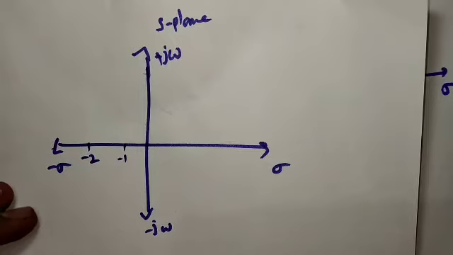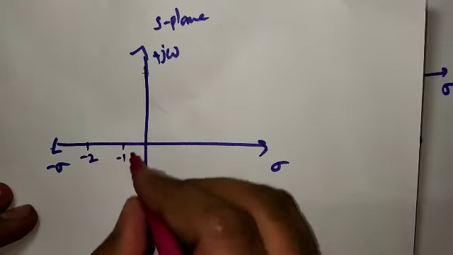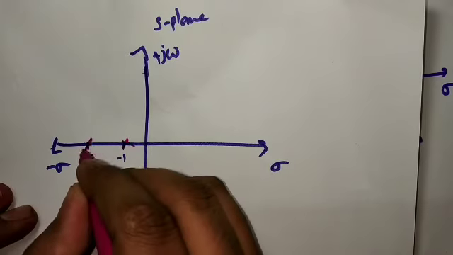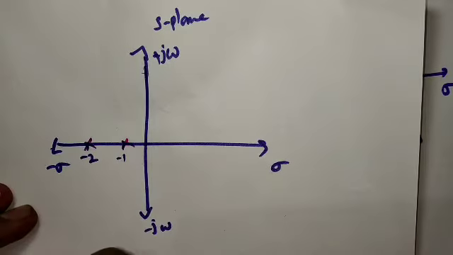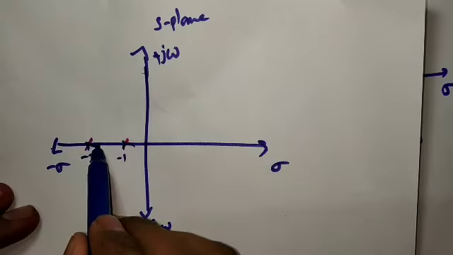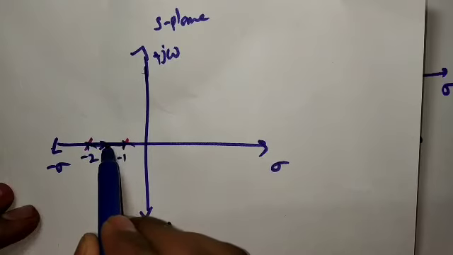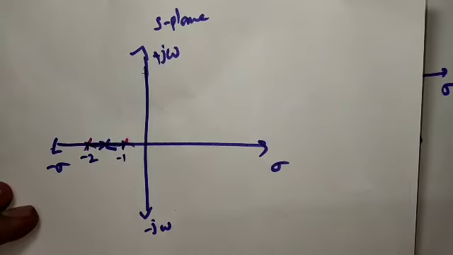In the first case, when k is equal to 0, your poles remain here. When k is equal to 1 by 4, your roots move, one in this direction and another pole in this direction.